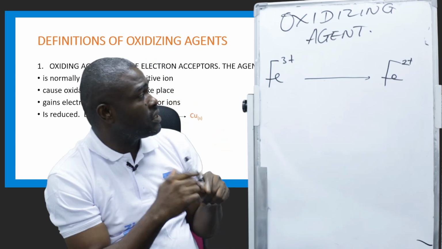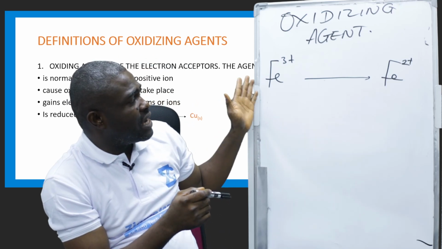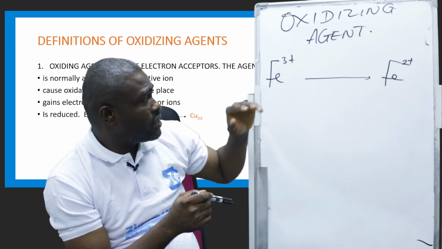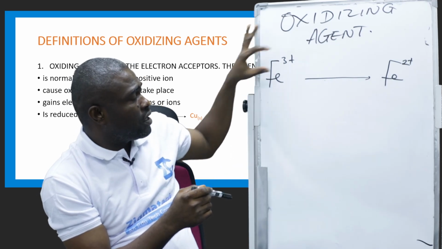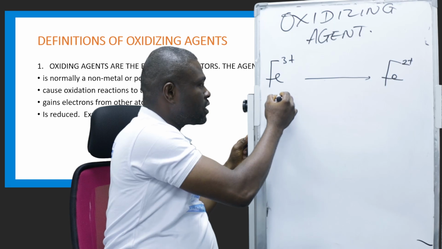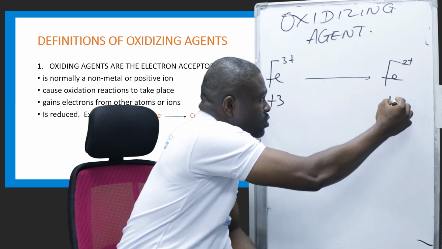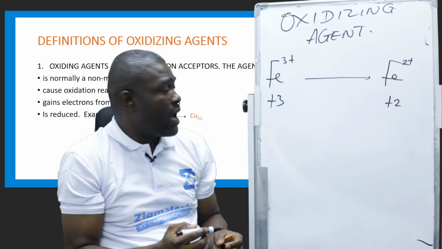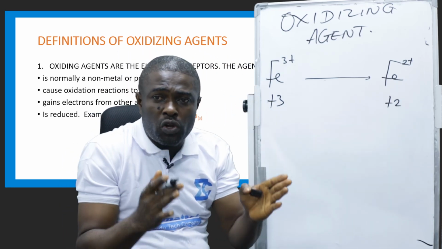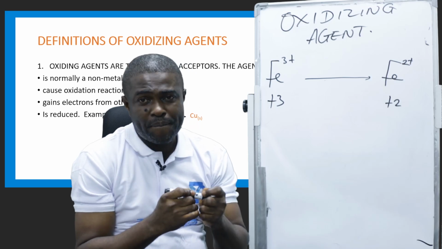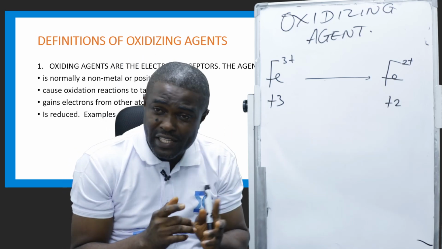Look at it: I have iron 3 at my left-hand side and iron 2 at my right-hand side. Here I have iron 3. What is the oxidation number? Plus 3. At my right-hand side, I have iron 2, and my oxidation number is plus 2. I want both sides to have equal oxidation number, both the left-hand side and the right-hand side.